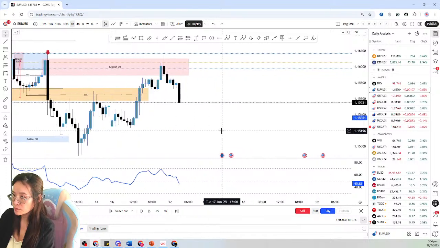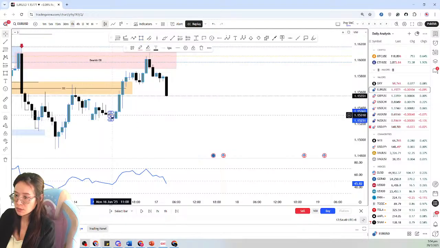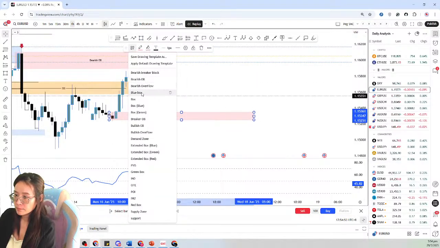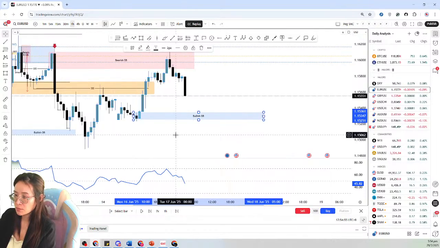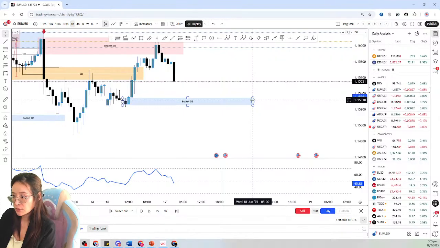Okay, and I can mark out in EU, this could be a bullish OB or bullish order block. If price breaks below, that's going to be your bearish breaker block. Okay, let us see.